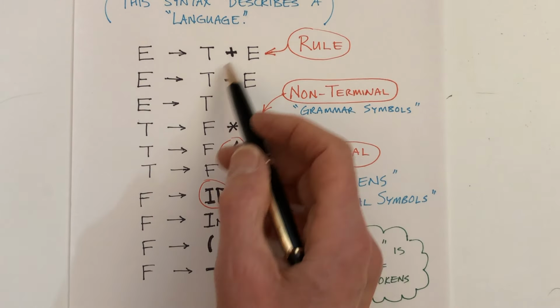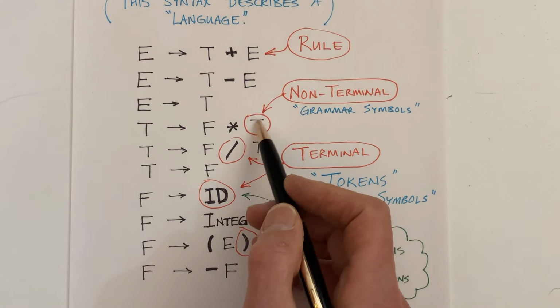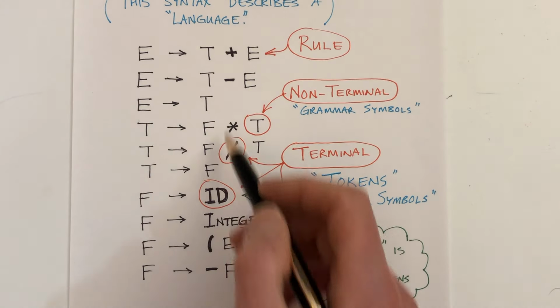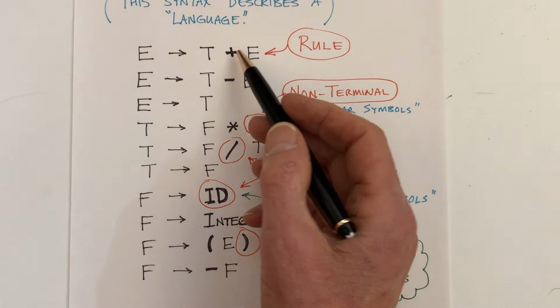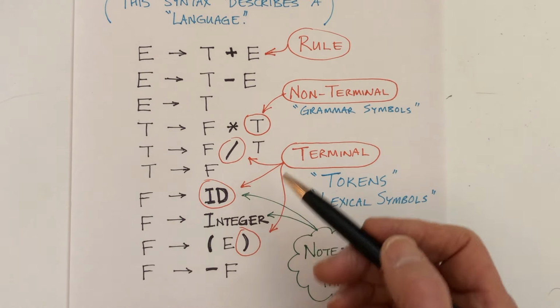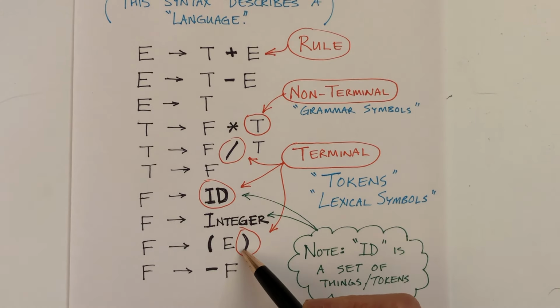We also see in these rules, on the right-hand side, both non-terminal symbols like E, T, and F, as well as terminal symbols, basically everything else. So we see plus, minus, the asterisk for multiplication, slash for divide. We see ID, integer, and some parentheses.